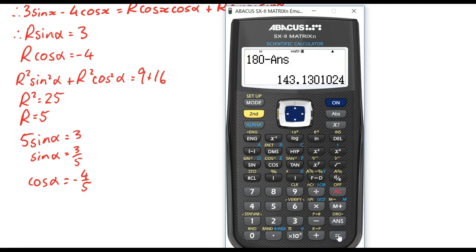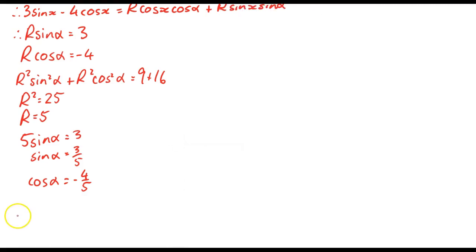About 143 degrees. That'll do us for today. That means that my equation is y equals 5 cos of x minus 143 degrees.